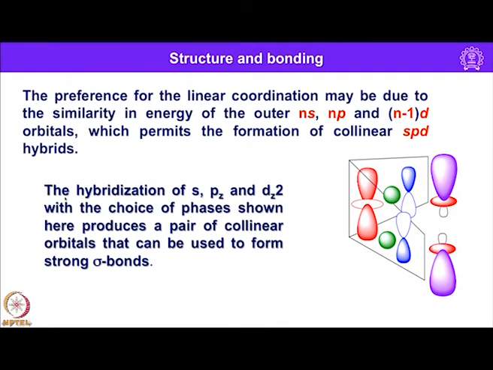So, that means here the hybridization of s, pz and dz square with the choice of phases shown here produces a pair of collinear orbitals that can be used to form strong sigma bonds. Now, these two spd hybrid orbitals combine with carbon sp3 having one electron to form linear compound like dimethyl mercury or dimethyl zinc or dimethyl cadmium. Okay. Let us look into the reaction patterns.